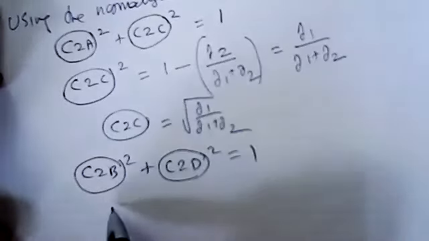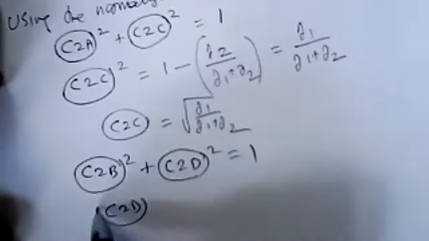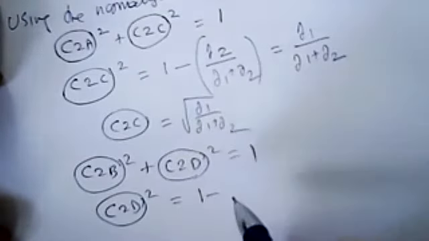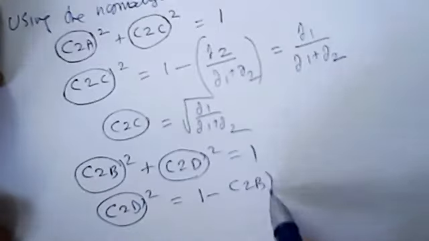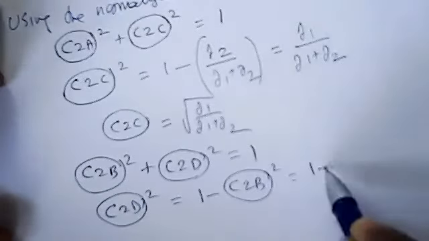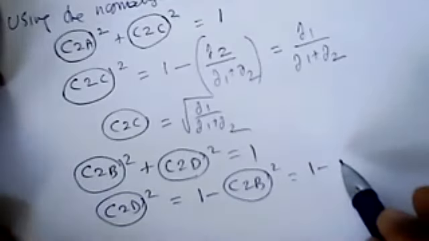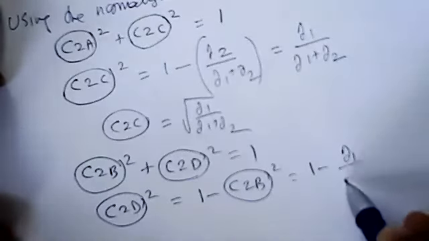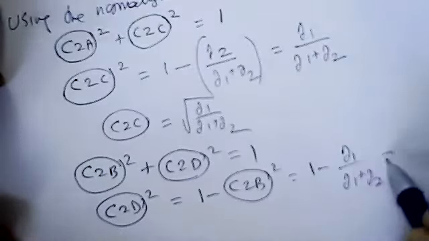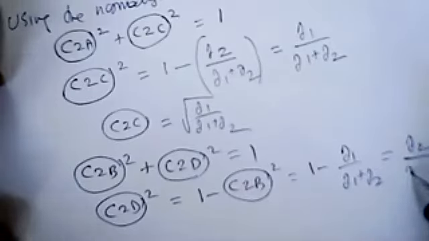Okay, so what is C2D square? 1 minus C2B square. We know C2B is the square root of J1 by J1 plus J2, so C2B square is J1 by J1 plus J2, and C2D square is J2 by J1 plus J2.